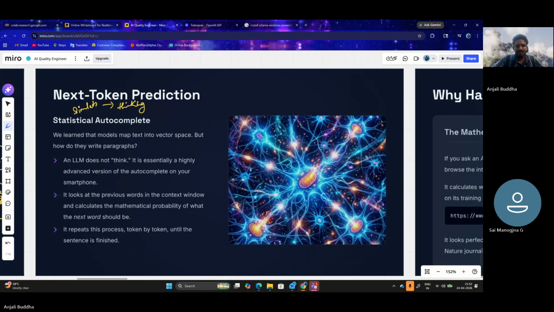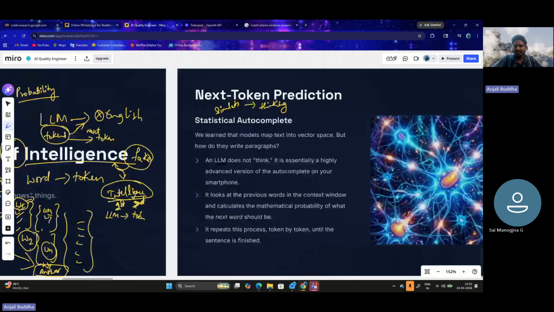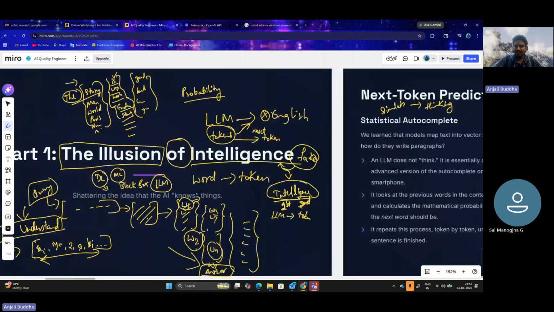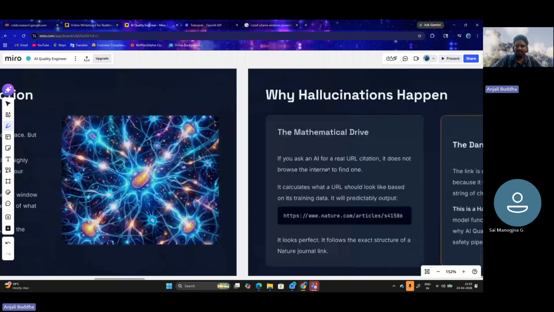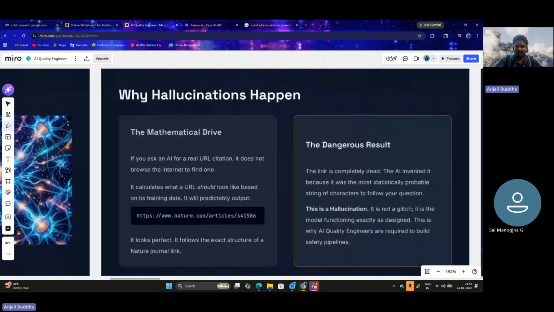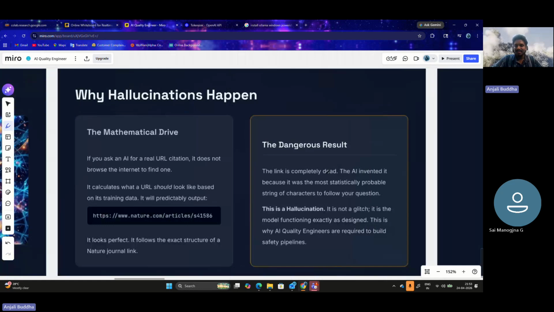I explained the whole thing beforehand, so there's nothing more to explain here. But we have to understand that it is not actually understanding what we are saying, or what it is trying to say. It is just generating the next possible probable token, depending on its knowledge base.